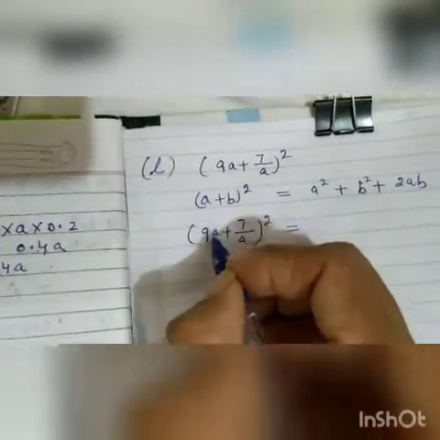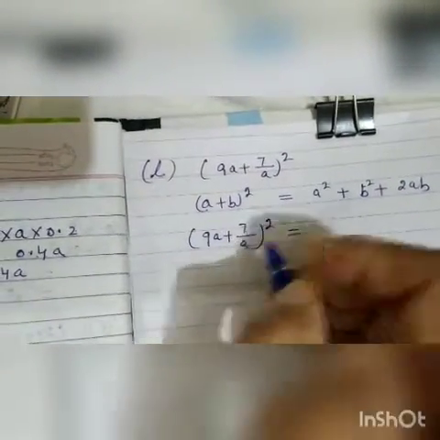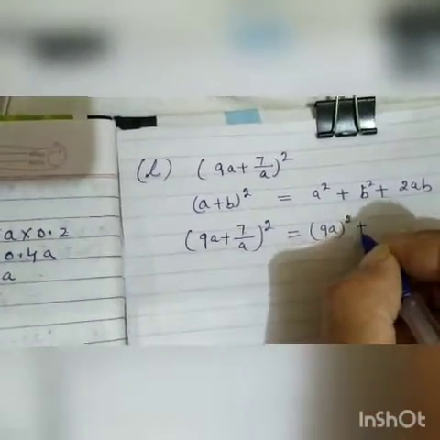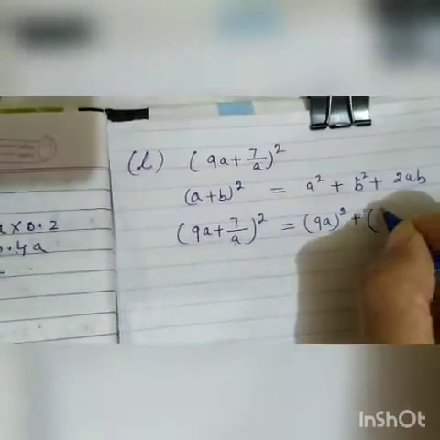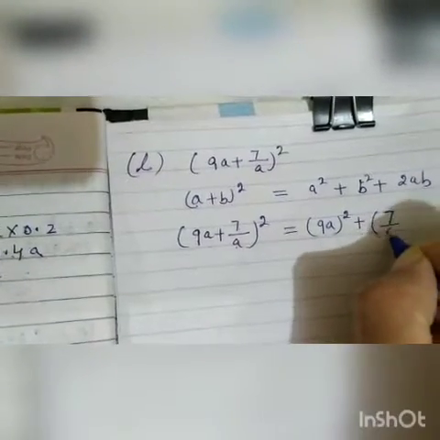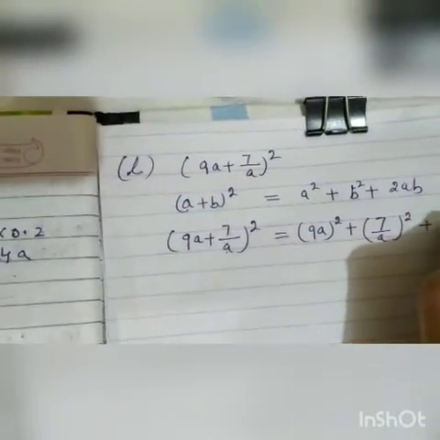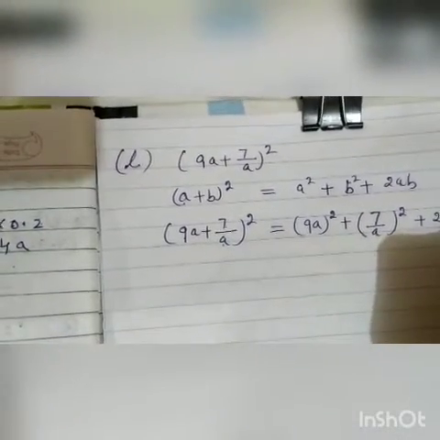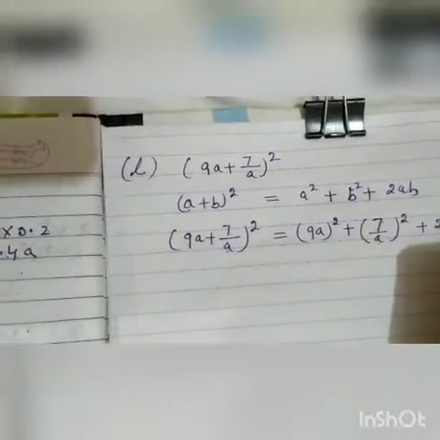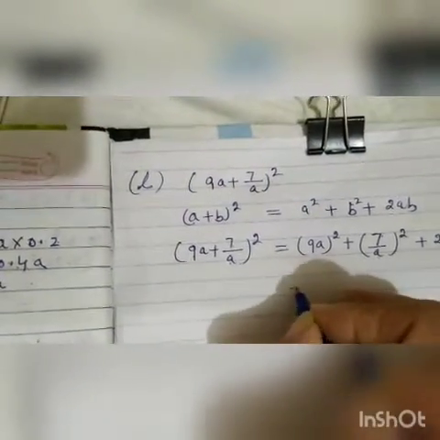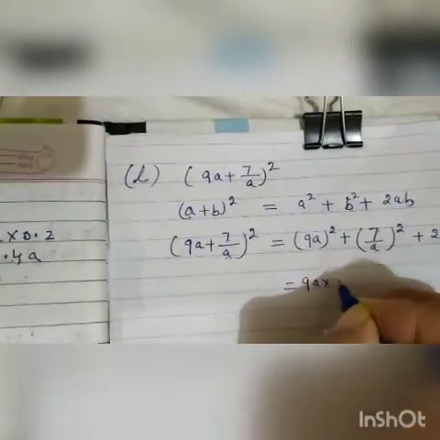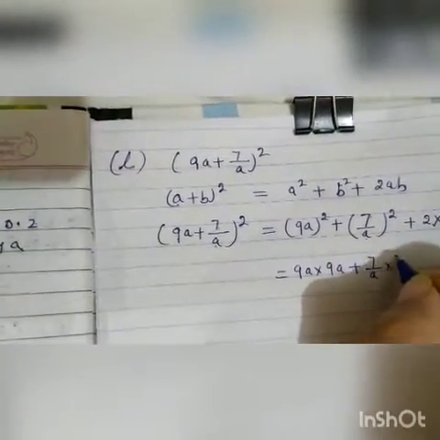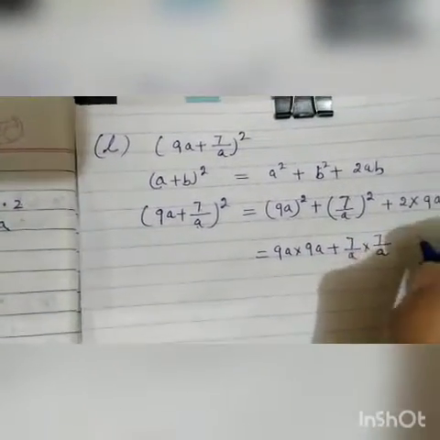So the value of a is 9a, the value of b is 7 upon a. It is (9a) whole square plus (7 upon a) whole square plus 2 multiply 9a multiply 7 upon a. Now 9a multiplied by 9a, and 7 upon a multiplied by 7 upon a.